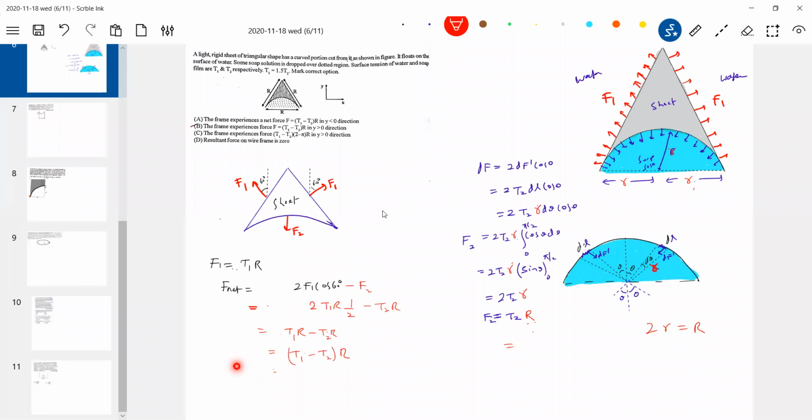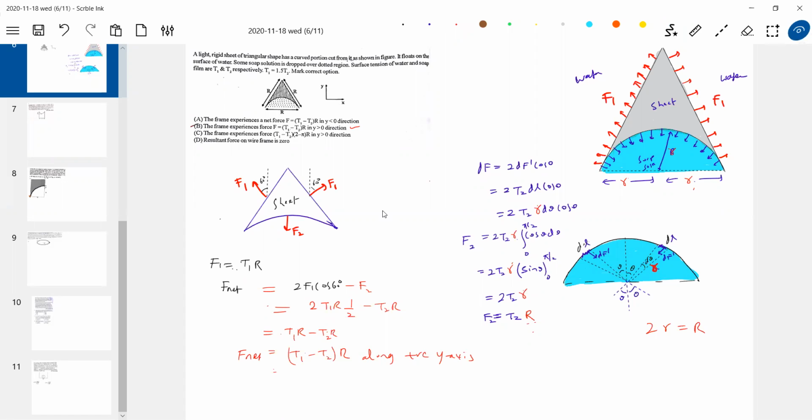So how will it be directed? So T1 will be greater than T2. Therefore, shall we pick this option, along the positive y-axis?